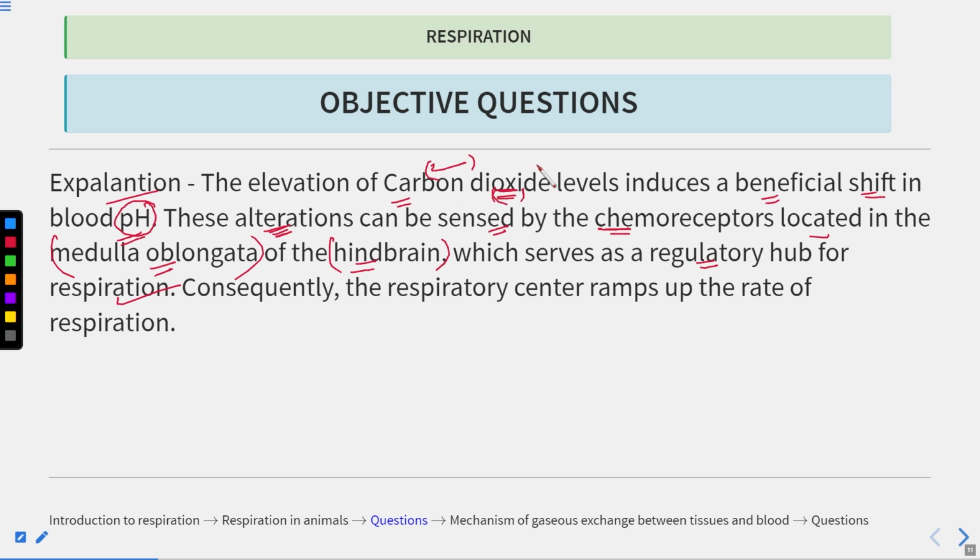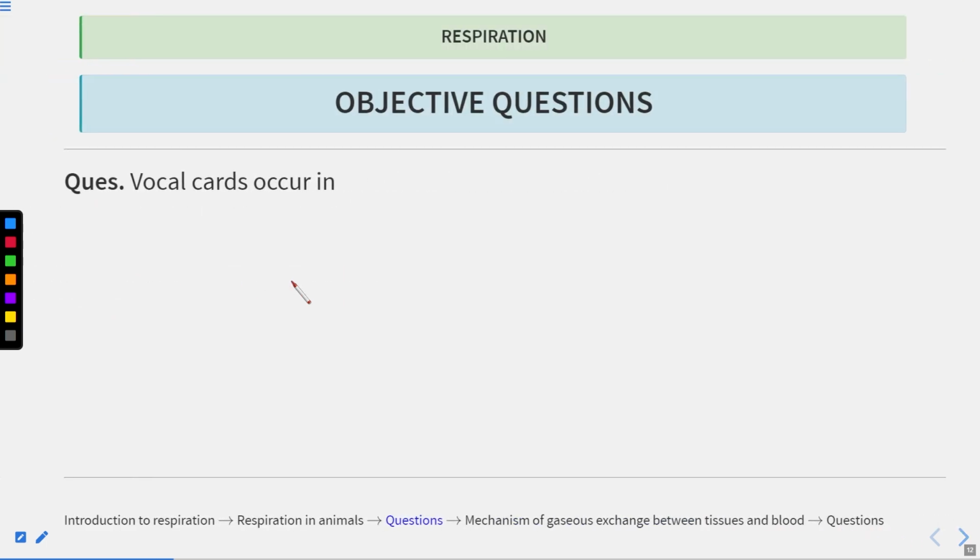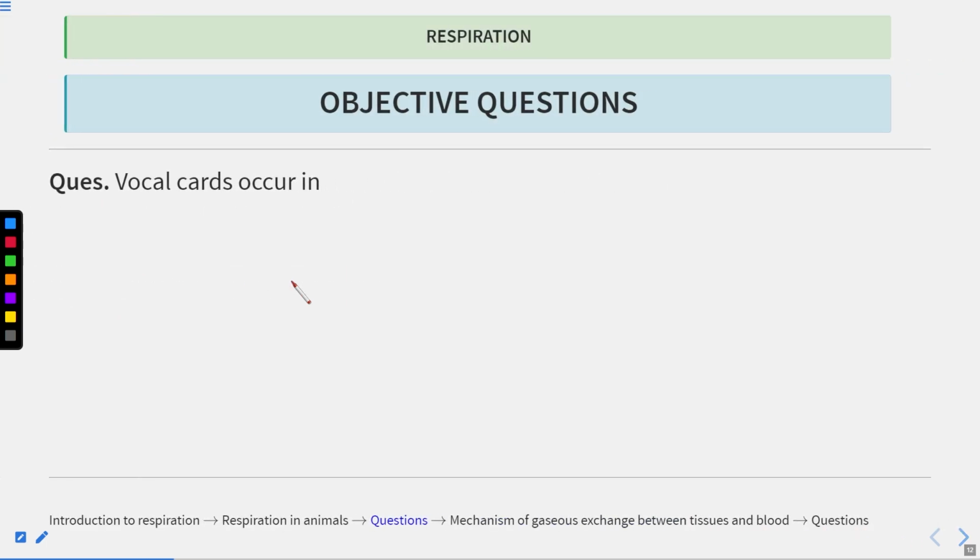It can be acidic or basic depending on the concentration of carbon dioxide. This change in pH is sensed by the chemoreceptors in the medulla oblongata of the hindbrain, which acts as a regulator for respiration. Because of this, the respiratory center ramps up the rate of respiration. All right, clear?